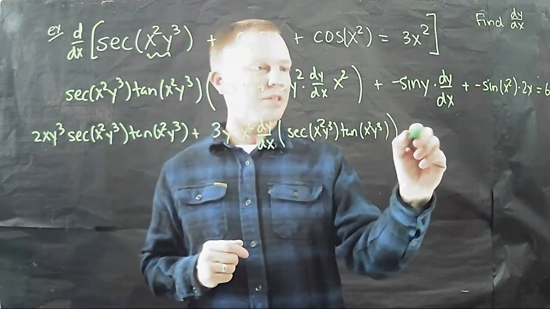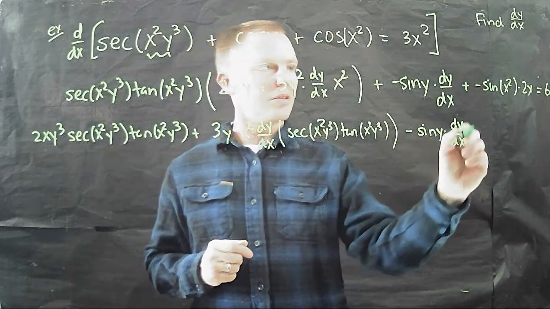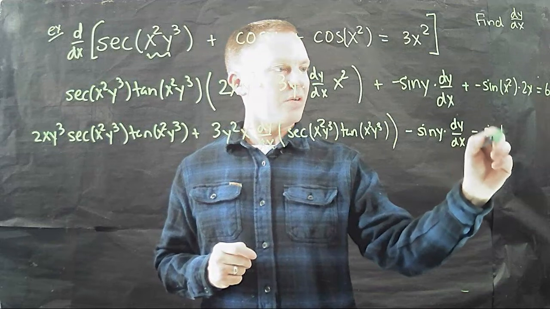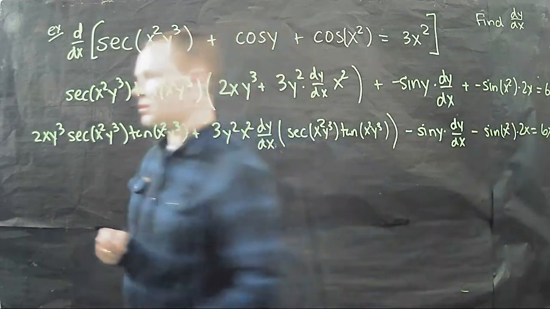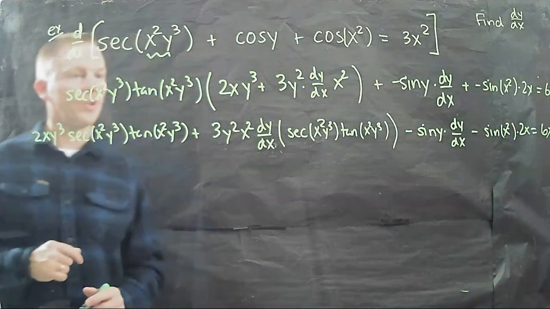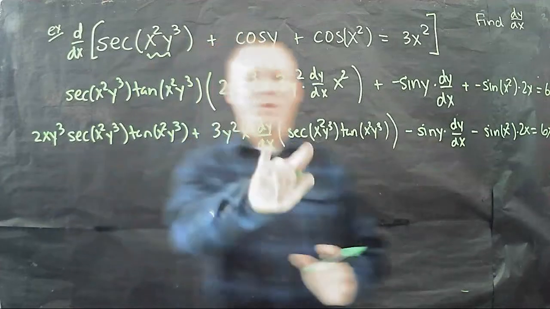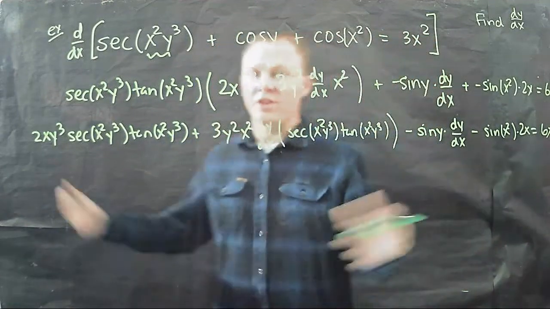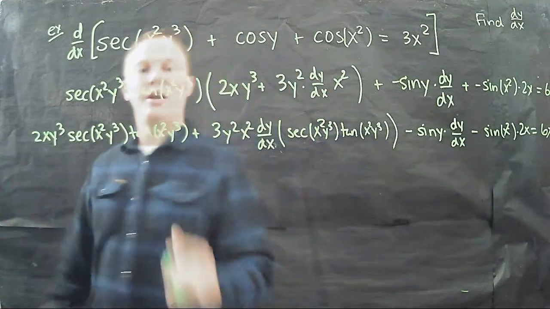And then minus sine y times dy dx minus sine x squared times 2x, and that's still equal to 6x. Barely fit all that on there. I should have started a little bit more to the left. Okay, now anything that doesn't have, so this is a term, this is a term, this is a term, this is a term, and then 6x is a term. Anything that doesn't have a dy dx with it is going to go whoosh to the other side.